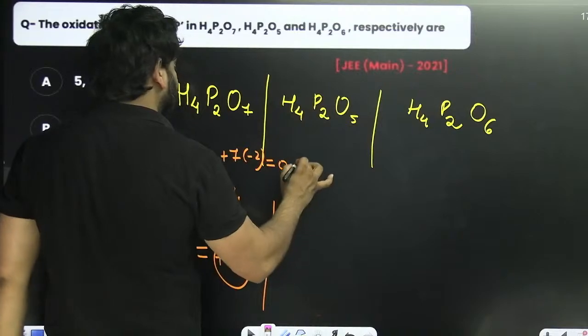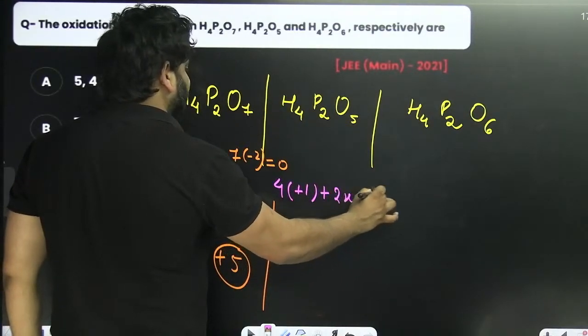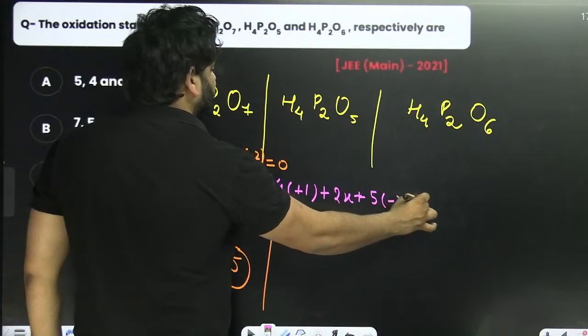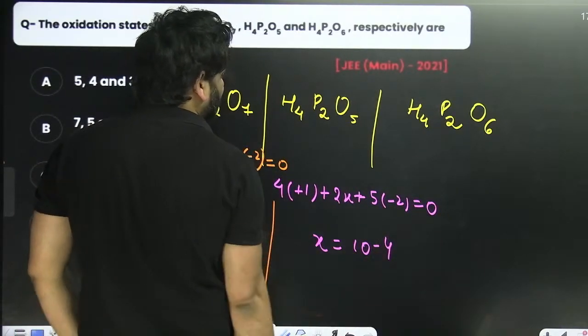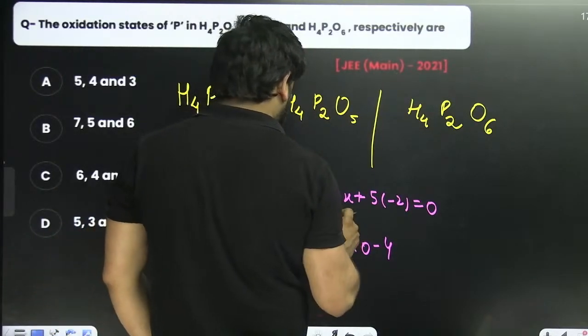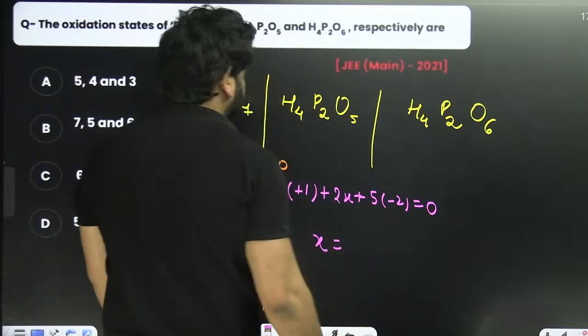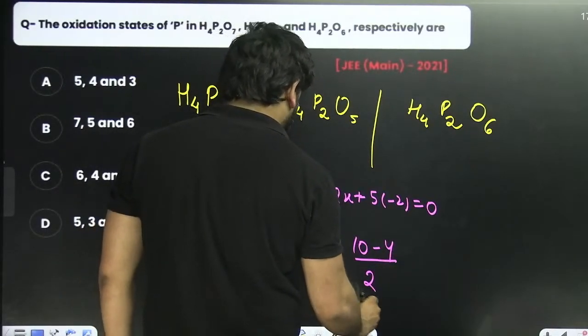Solving the other one, we have 4 times plus 1, 2 times x, plus 5 times minus 2 equals 0. So x is 10 minus 4 by 2, which is 6 by 2, positive 3 is the correct answer here.